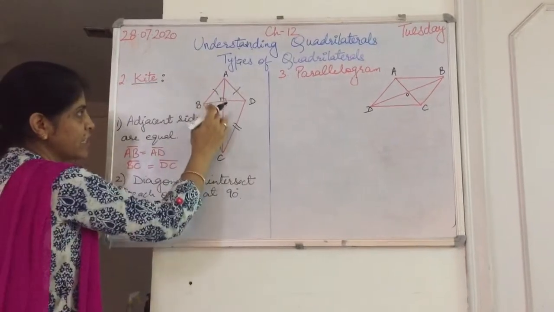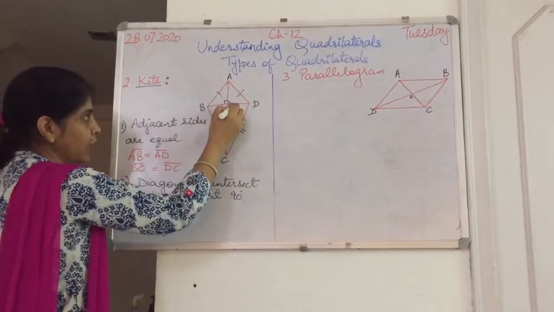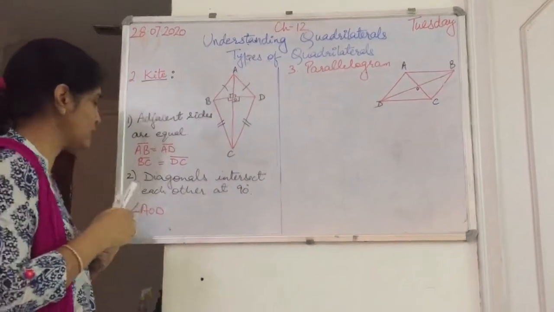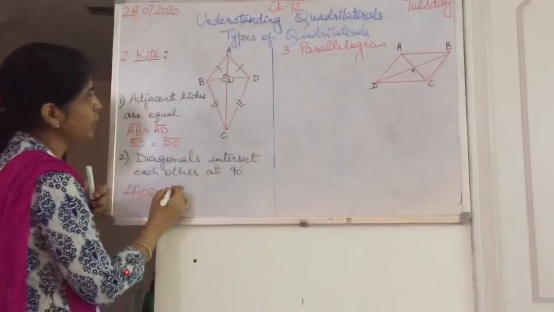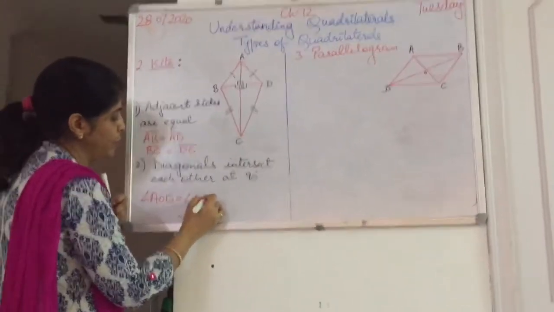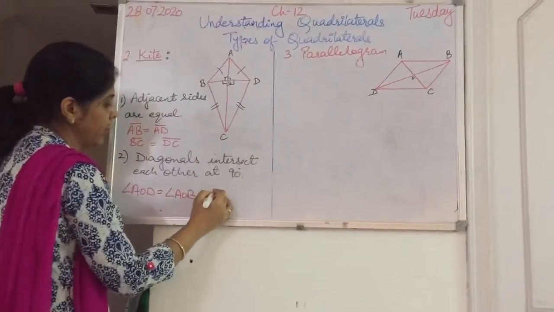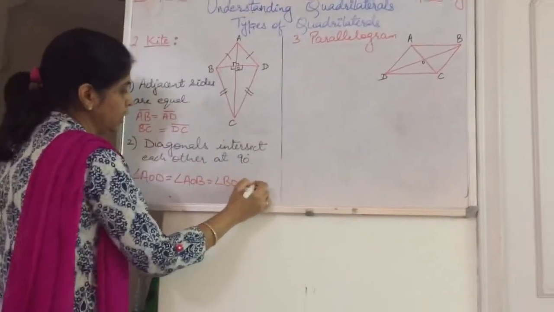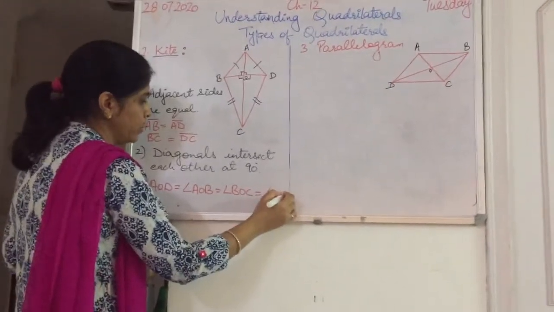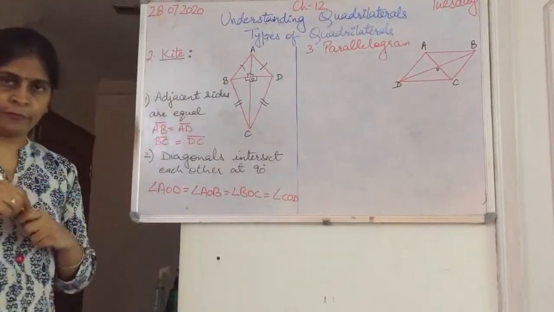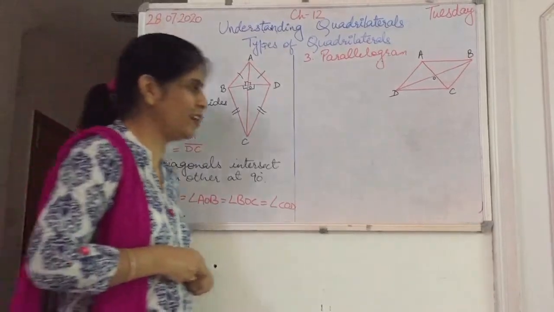And if this is 90, this is also 90. So all the four angles are 90. Angle AOD equal to angle AOB equal to angle BOC equal to angle COD. Clear about kite?